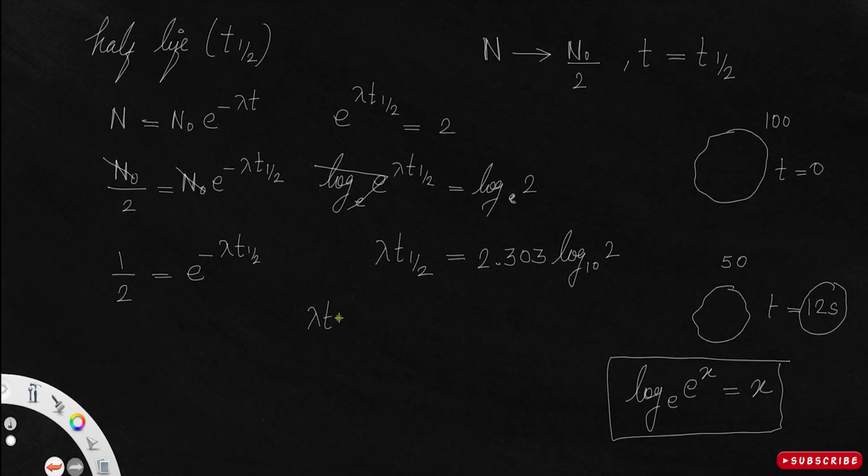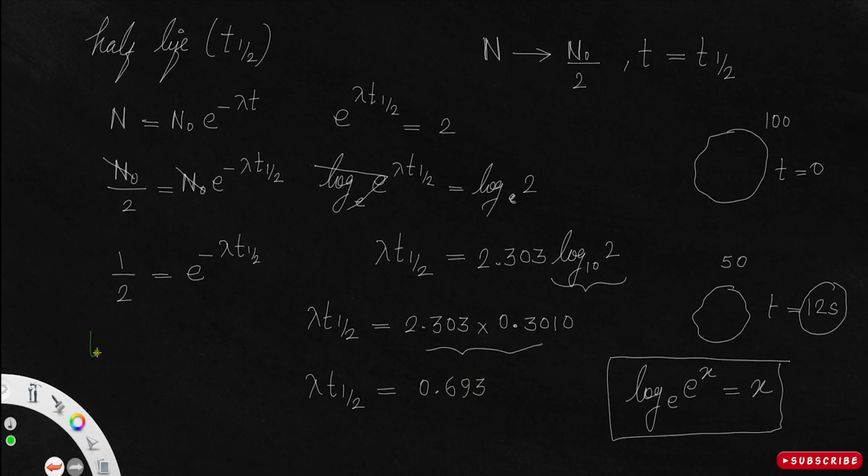So lambda t half is equal to 2.303 times log to the base 10 of 2, and we know log to the base 10 of 2 is actually 0.3010. So lambda t half is equal to, this will be approximately 0.693.